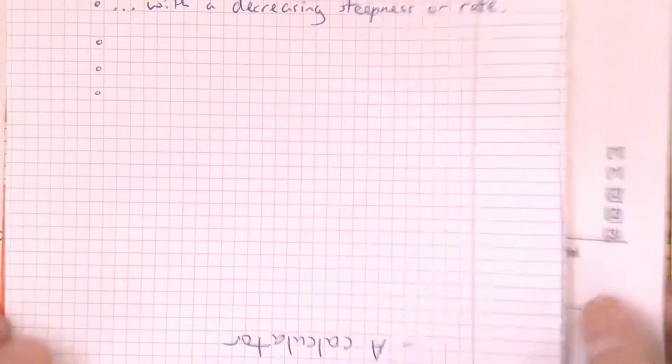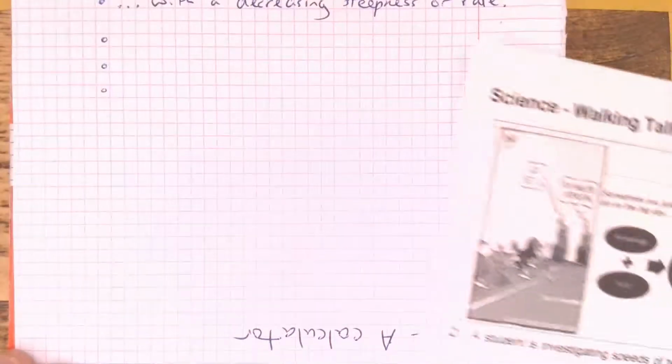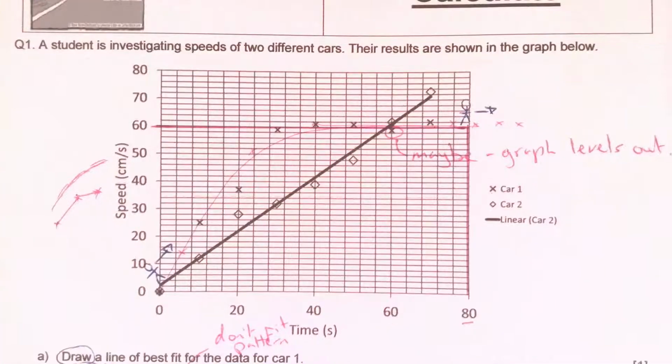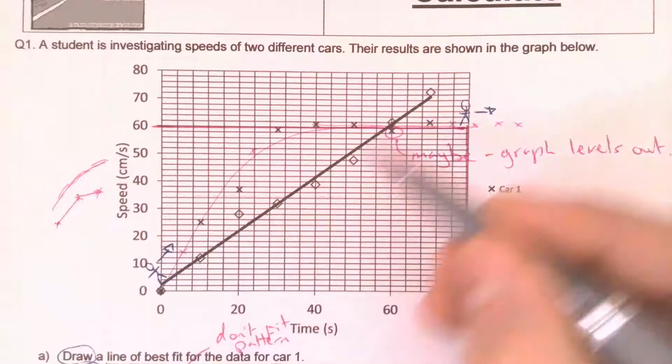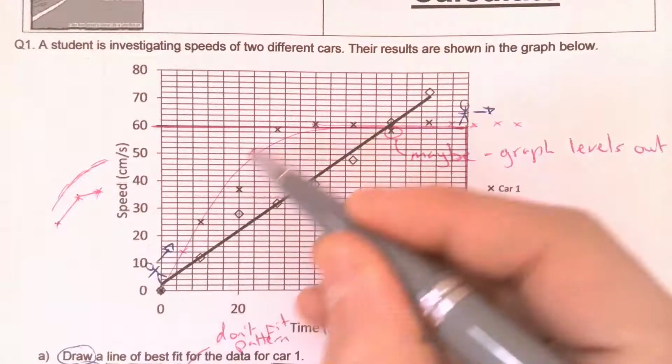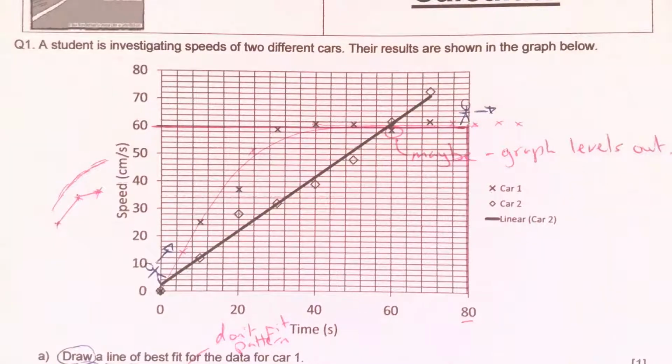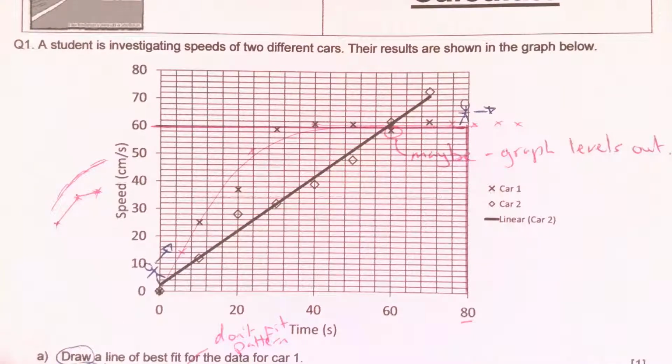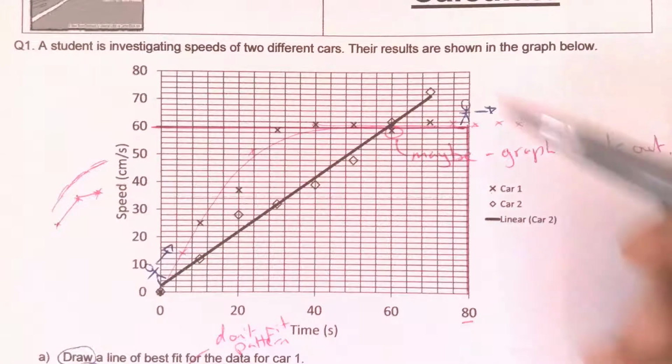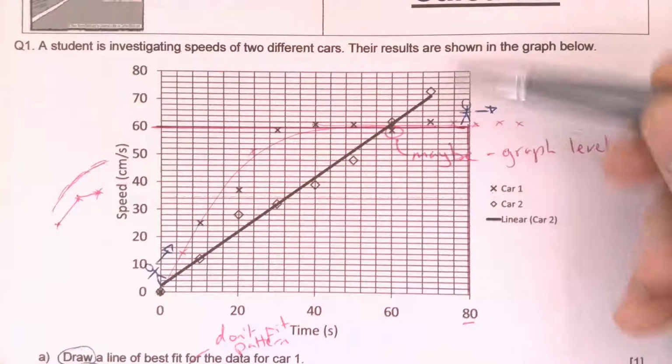I'm looking for things to talk about for these two shapes. I've got this black line here, and this curved line here. I need 3 comparisons. It's about spotting 3 things that are different between them both. Where should we start? Let's start at the fastest they go.